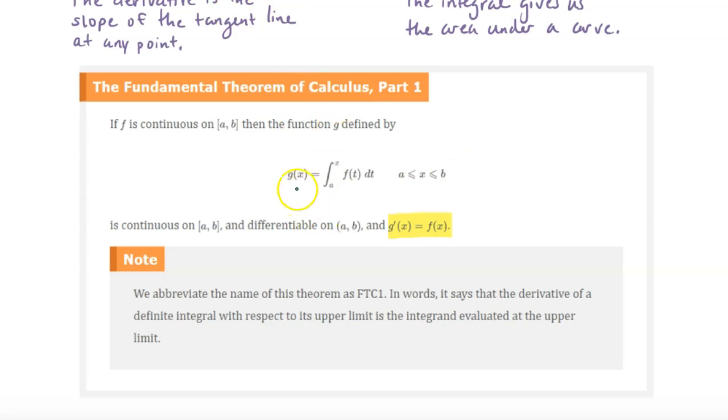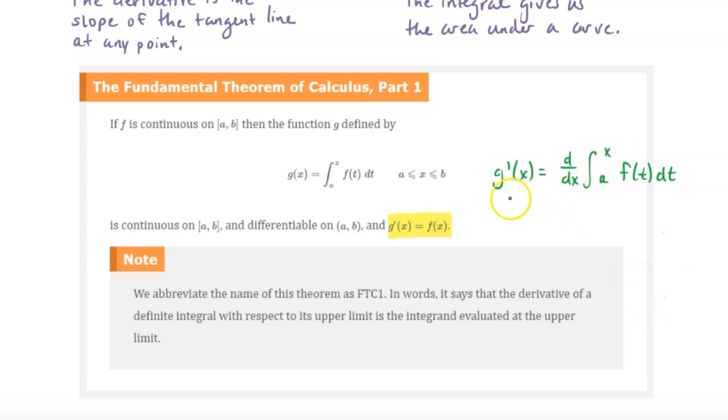This kind of says that if I take the derivative of g of x, so g prime of x, this is going to be equal to, well, let me just write this notation a little bit differently. The derivative, remember we said this is okay notation, of the integral from a to x of f of t dt.